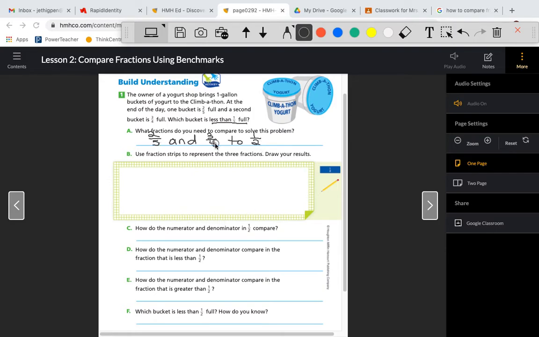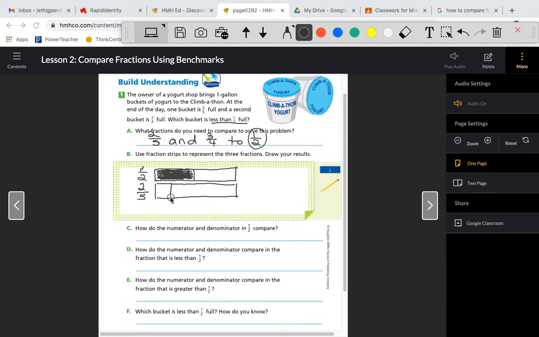So we're comparing these two fractions to 1/2. Let's start with our benchmark, which is 1/2. So we're going to take it and make 2 equal parts and shade in one of those. Okay, so this is our benchmark. This is what we're comparing everything else to. Now we're going to do 2/5. Again, we're going to try to draw the same size rectangle, as perfect as you can. 5 equal parts.